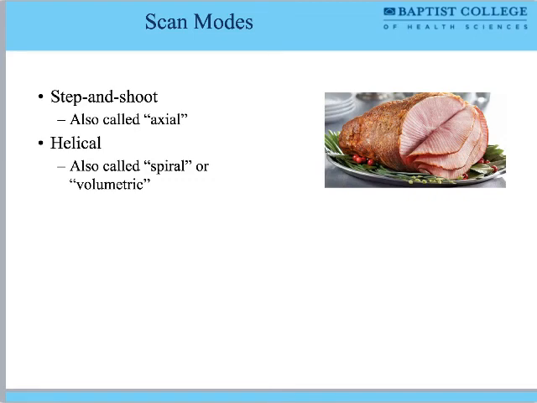So you advance the table through the gantry, you spin the tube around them, get a picture, move the table into the gantry, spin it around the patient again, get another picture, move the table into the gantry, spin it around the patient, get another picture. We're moving the table, spinning the gantry, and taking the pictures in that sequential order. Step and shoot. Table moves in, scan, table moves in, scan, table moves in, scan.